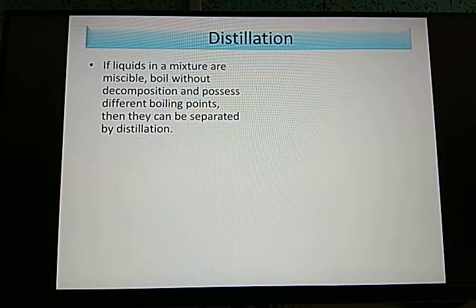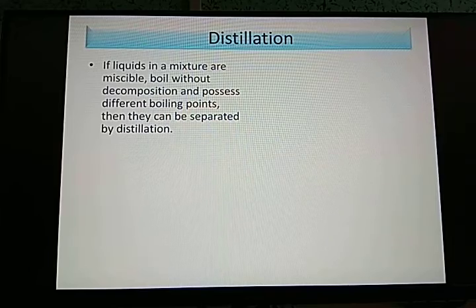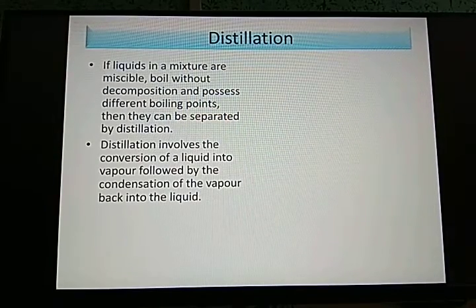Now there are actually two processes of distillation. This is the normal distillation process. We will be discussing the other method, that is called the fractional distillation, which will come after this. So stay tuned. Now distillation involves the conversion of a liquid into vapor, followed by condensation of the vapor back to the liquid. Yes.